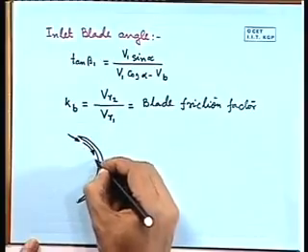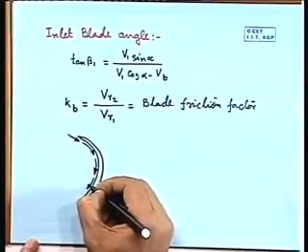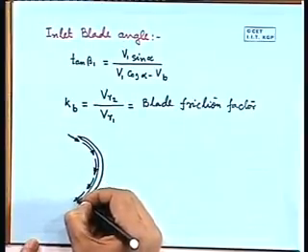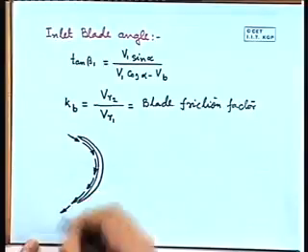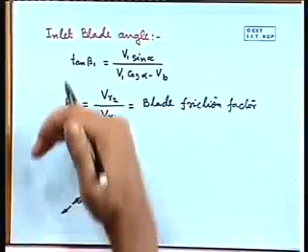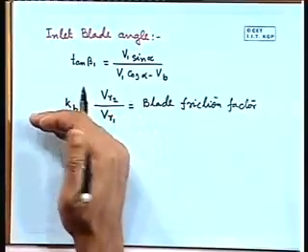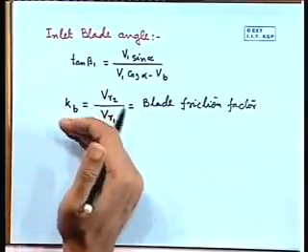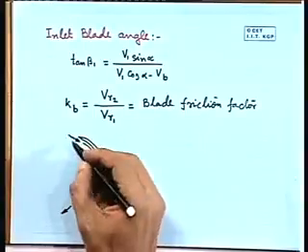It is moving along the blade surface and coming out of this blade. Now, this is a cross section of the blade. Steam is entering like this. It is a horizontal plane and steam is going out like this.